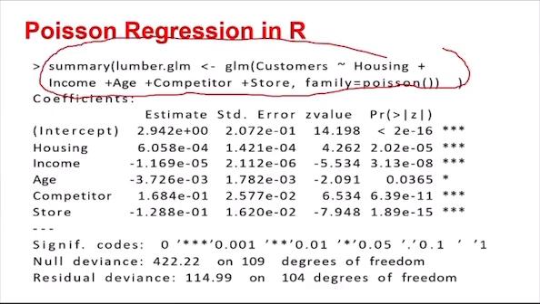When I talk about binary logistic, multinomial logistic, ordinal logistic, Poisson regression, or beta regression, all of them are members of the generalized linear model. And that is why all of these are called variants of logistic regression.